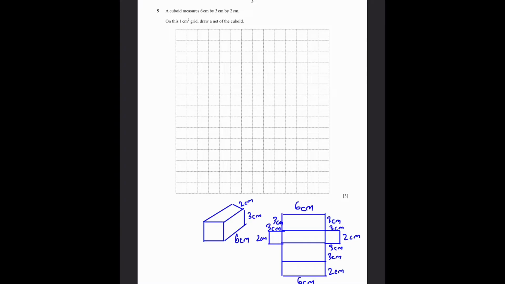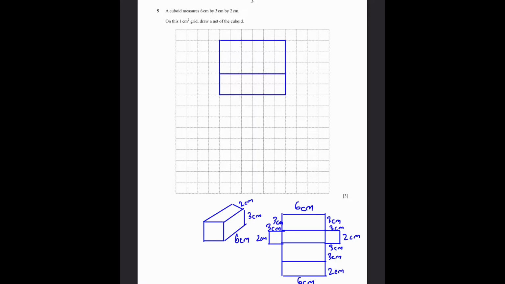Let's draw the top rectangle first. That is 3 centimeters by 6 centimeters. We shall do it over here. So 3, 6, another 3, and another 6. Here it is, the first rectangle. And then we draw the second one, which is 2 by 6. So let's extend this and bring it down.